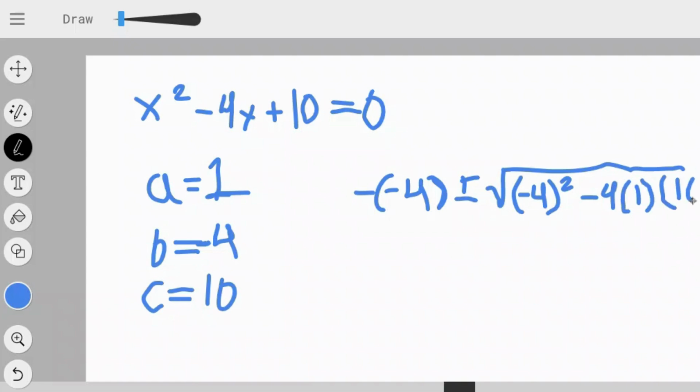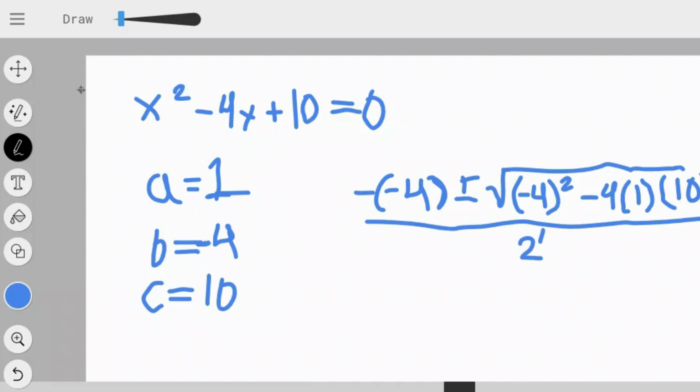Boom, bam. There we go. And then all over 2 times a, which would be 1, so 2 to the first. And then boom, that's our equation.